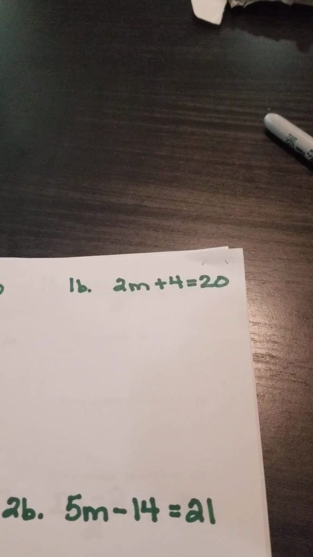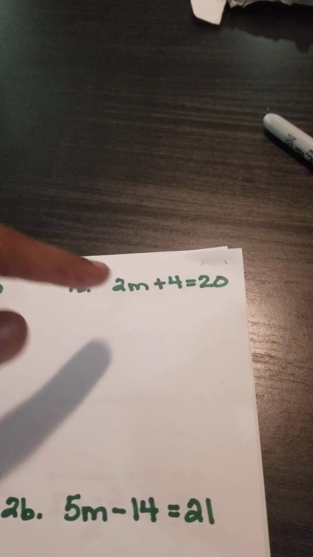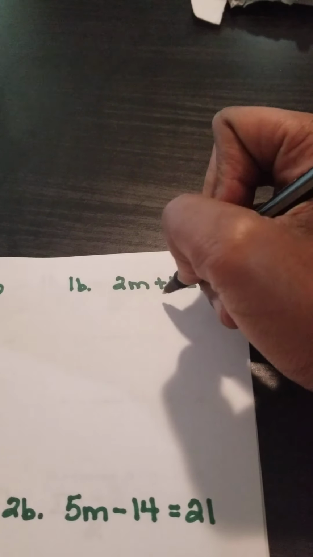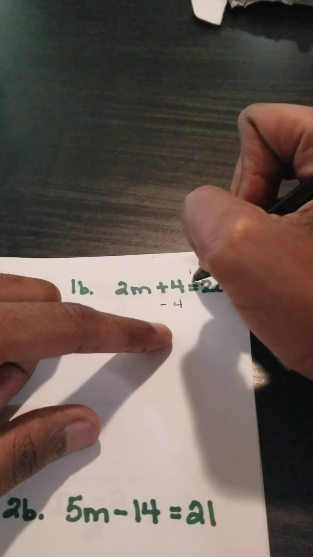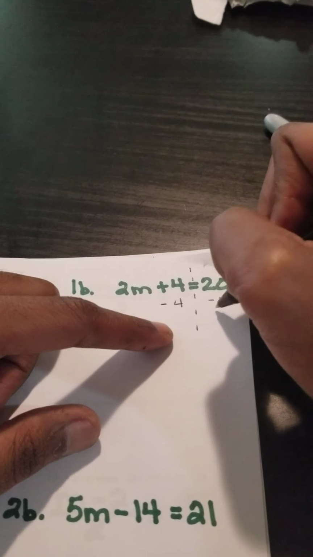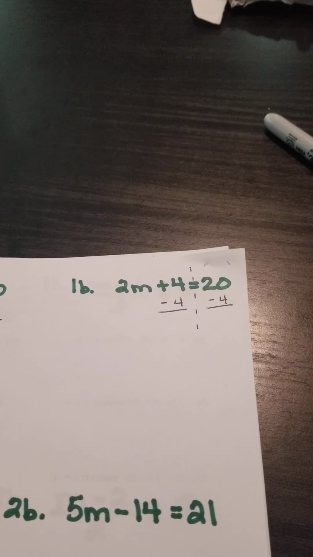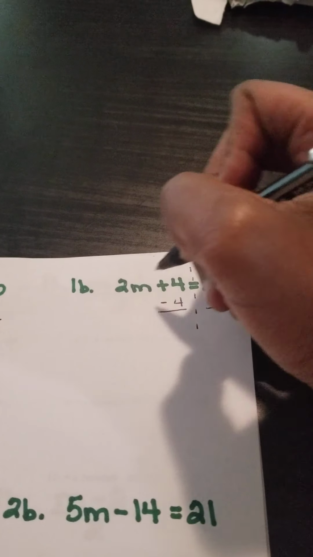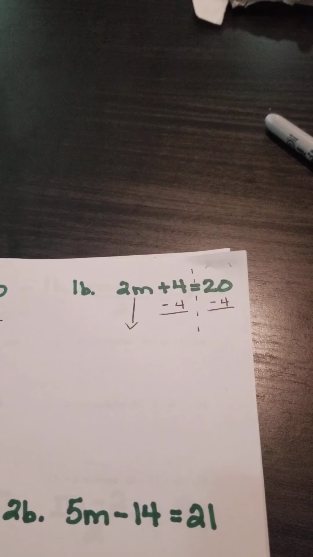2m plus 4 equals 20. First thing, I want to do the opposite. So I want to get rid of my 4. Create my barrier here. Then get rid of my 4, subtract it on both sides. I'm going to bring down, remember how we bring down our m?